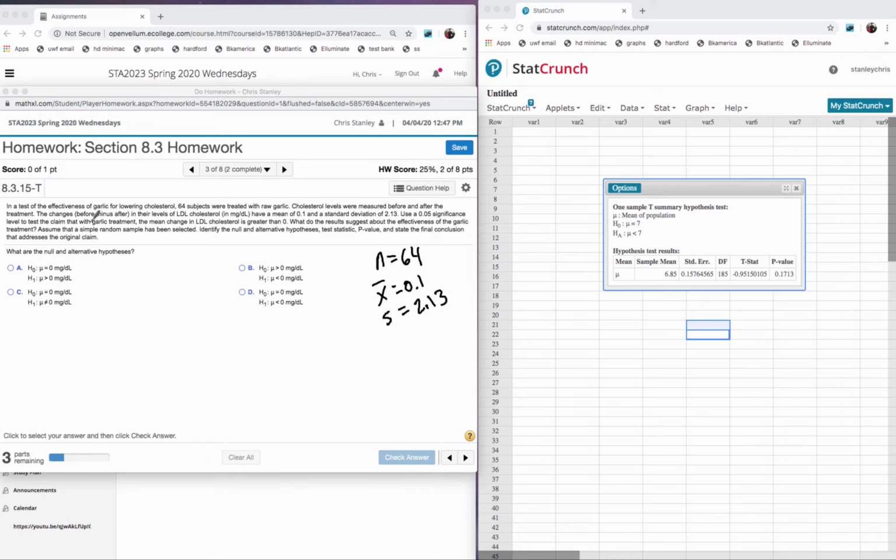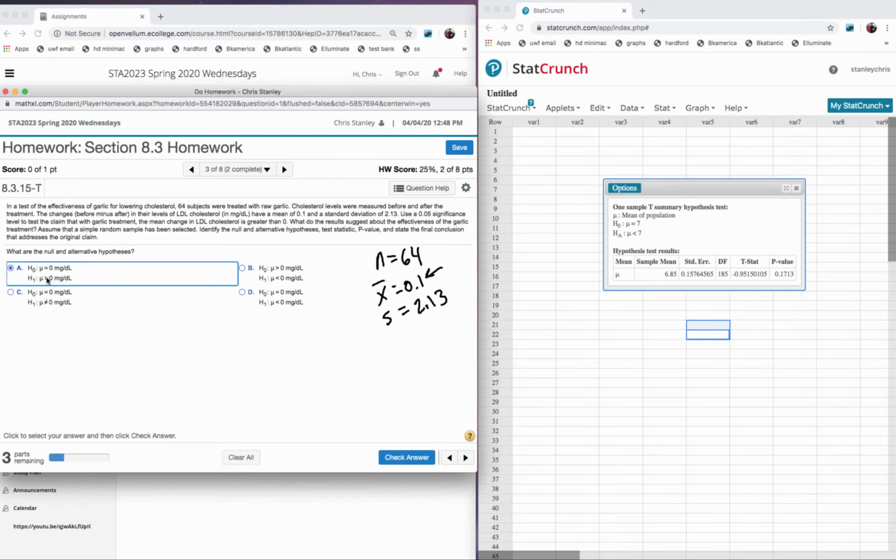The changes were before minus after, so they went down about this much, about 0.1. Okay, use a test to test the claim that the mean change is greater than 0. So they gave you a claim that it should be greater than. So that's your alternative. That's your greater than.